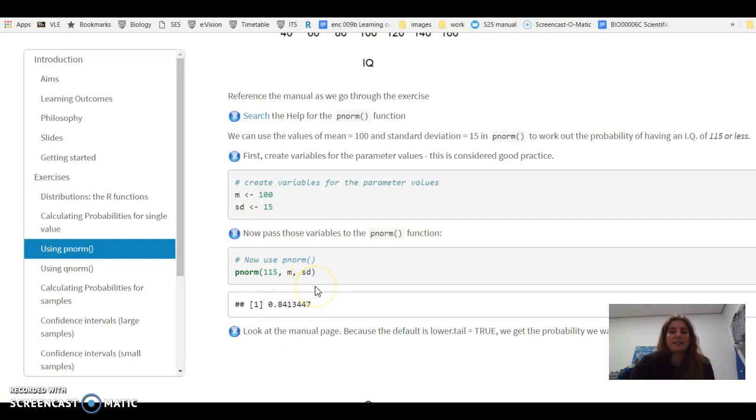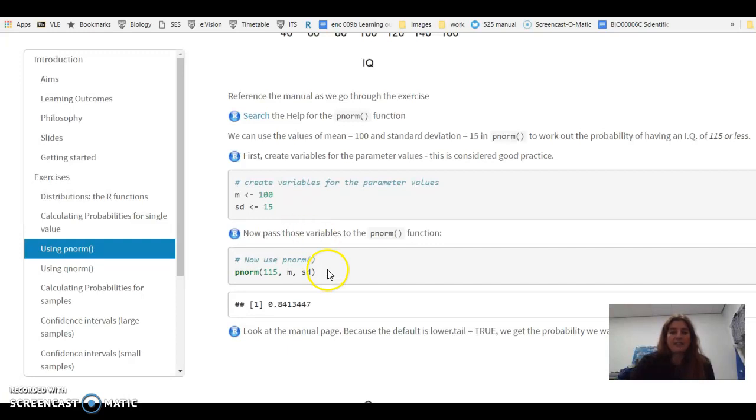The reason I've done that is because then I can write my whole code using the words m and sd, and if I decide to calculate things for different numbers, I've only got one set of values to change. I don't have to go through my code all the way along and update all the numbers. So updating is much easier.